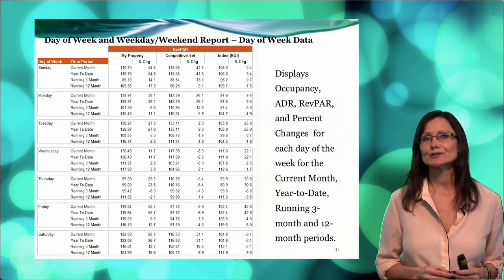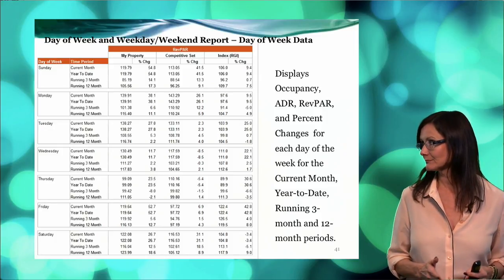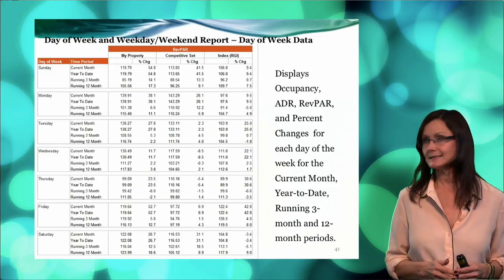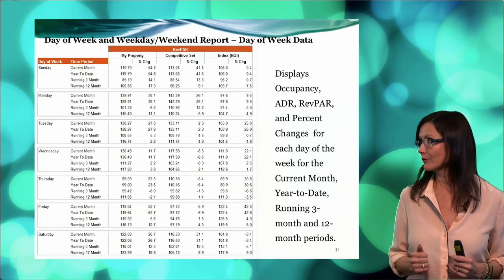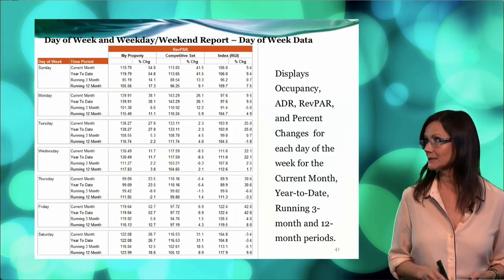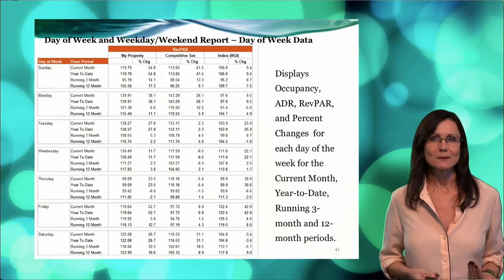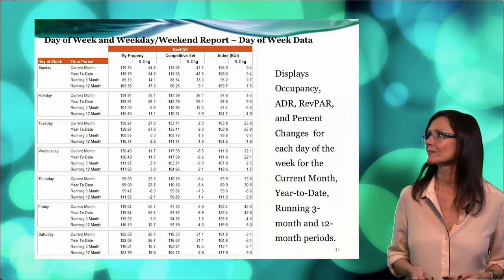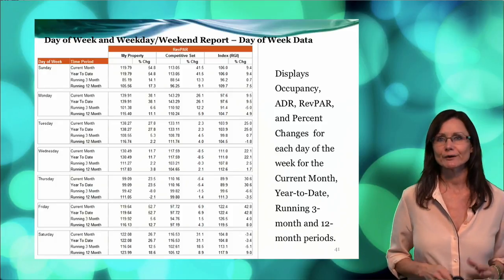Our index is 122.4. The next day that we perform quite well is on a Wednesday. Our index is 111. Now, what days do we actually perform poorly in? Thursdays and Mondays. So this is identifying the days that we can then focus on and make improvements on. And of course, you can see all the data there. We've got running 3 months, 12 months that you can go in and analyze.